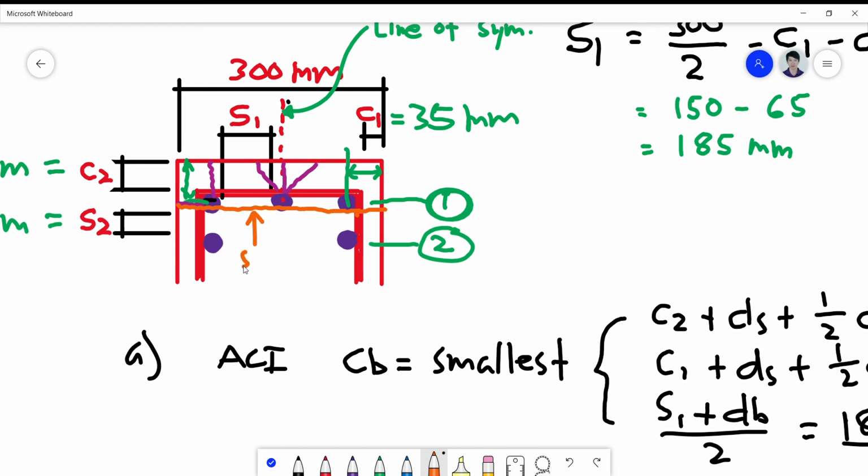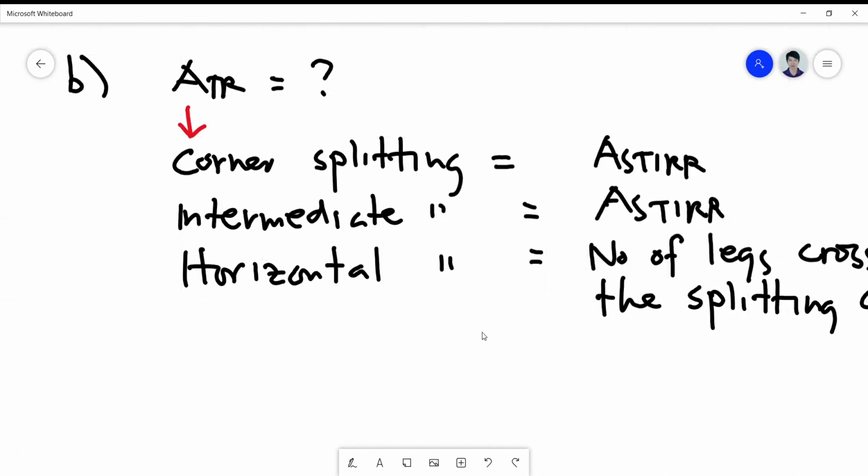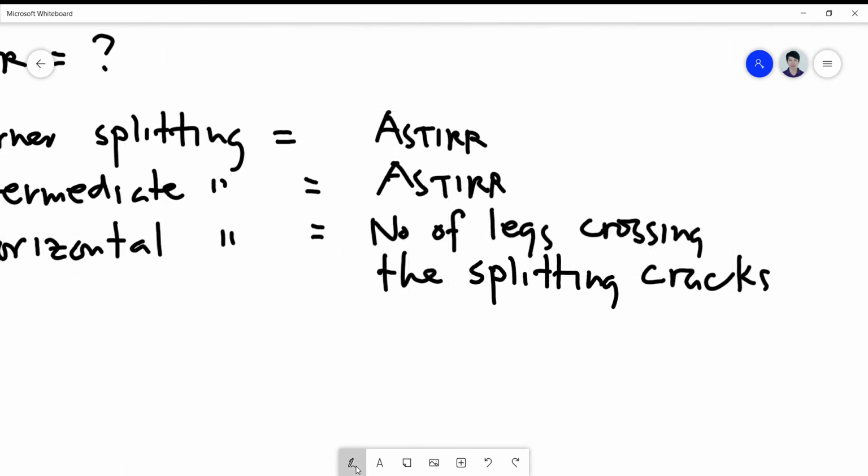Okay, so this is now the splitting crack. And you have to add the legs. These are the two legs. If it's a three-legged stirrup, you have times 3. If it's a four-legged stirrup, you have times 4. So eventually in our problem, in case there is a horizontal splitting, the formula for the area of transverse reinforcement is simply 2 times the area of the stirrup.